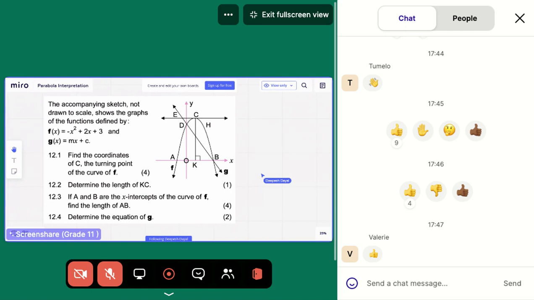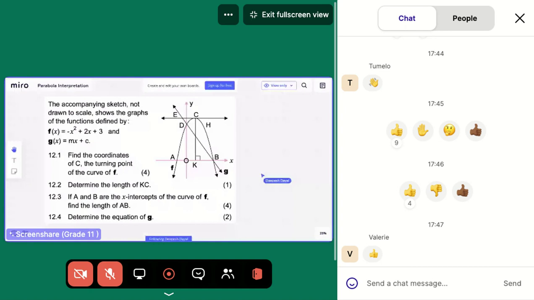The first question: find the coordinates of C, the turning point of curve F. The sketch, not drawn to scale, shows the graphs of the functions defined by f(x) = -x² + 2x + 3, and they want us to find the coordinates of C, the turning point of the curve of F. So which graph are we going to use to find that turning point?